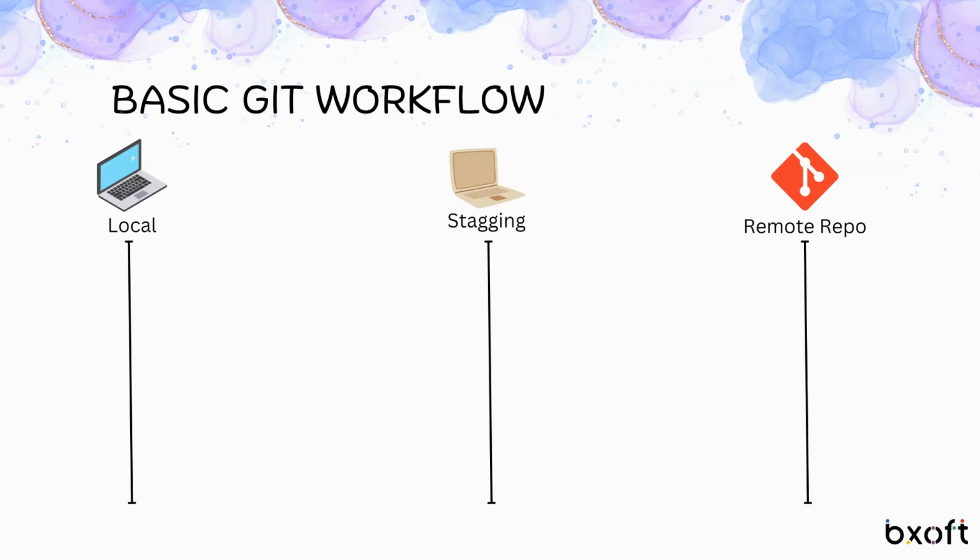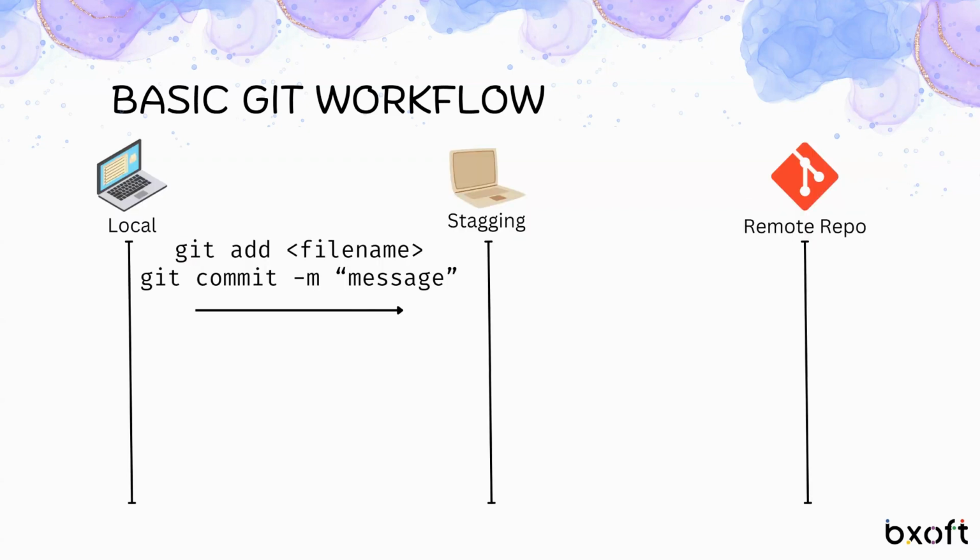If I change anything on the local machine and I want to push those changes to the remote repository, staging plays a very important role. How? Say I have made some changes in the ABC file and I want to push my changes from local to the remote repository.